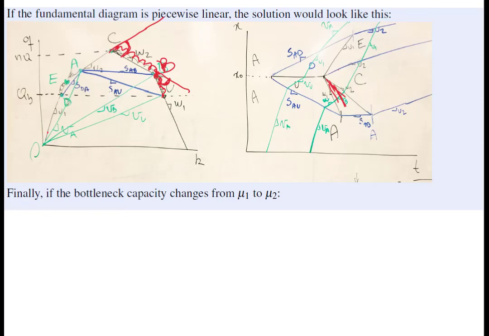So this is U2, the speed of that branch right there. So here you have the second fan, but all those again carry the same flow of C.